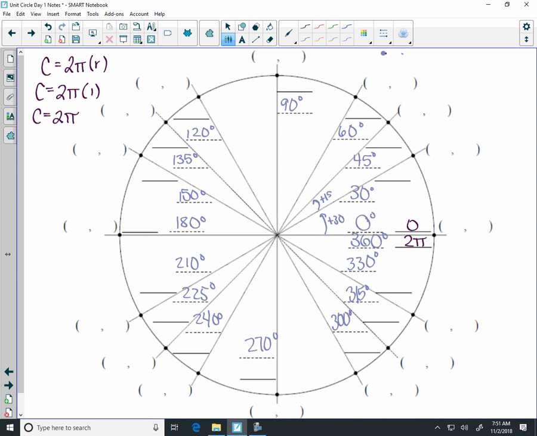That means half of the unit circle over here, equal to 180, is pi units. And then half of that is going to be pi over 2, so that's up at 90. So those benchmarks are kind of nice.